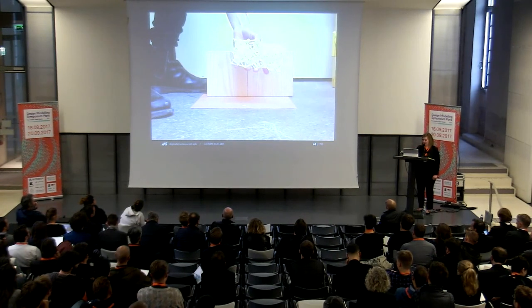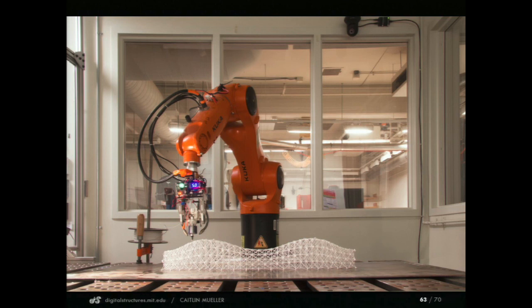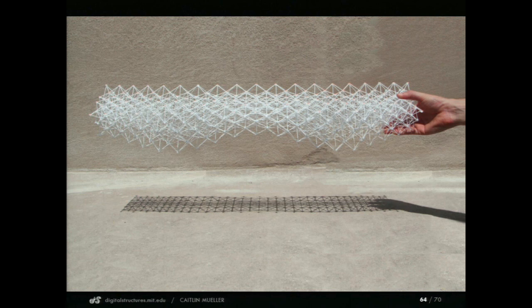Then we could apply this technique to a beam that had a shape driven by structural performance and our creative goals, which I think is potentially both beautiful as an object, but also this beam is about 30% stiffer than one that is a regular extruded rectangle. The possibility of making every joint different, which the robot doesn't care about, is really appealing for starting to explore this structurally driven design.